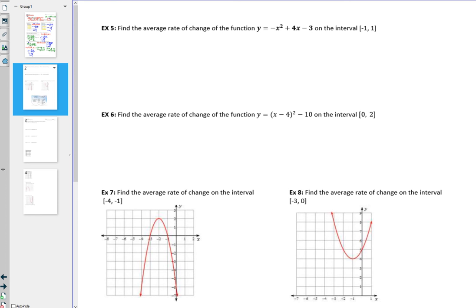Show that slope who's boss. You know what doesn't hurt? Finding average rate of change. Does hurt.